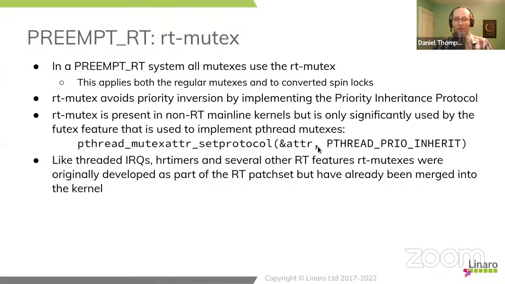So when you use pthread priority inherit that we met last week, that is boiling down under contention to actions on RT mutexes, and that's where it gets its priority inversion avoidance from. So with a preempt RT system, all in-kernel mutexes and all in-kernel spin locks are switched over to use this real-time mutex.